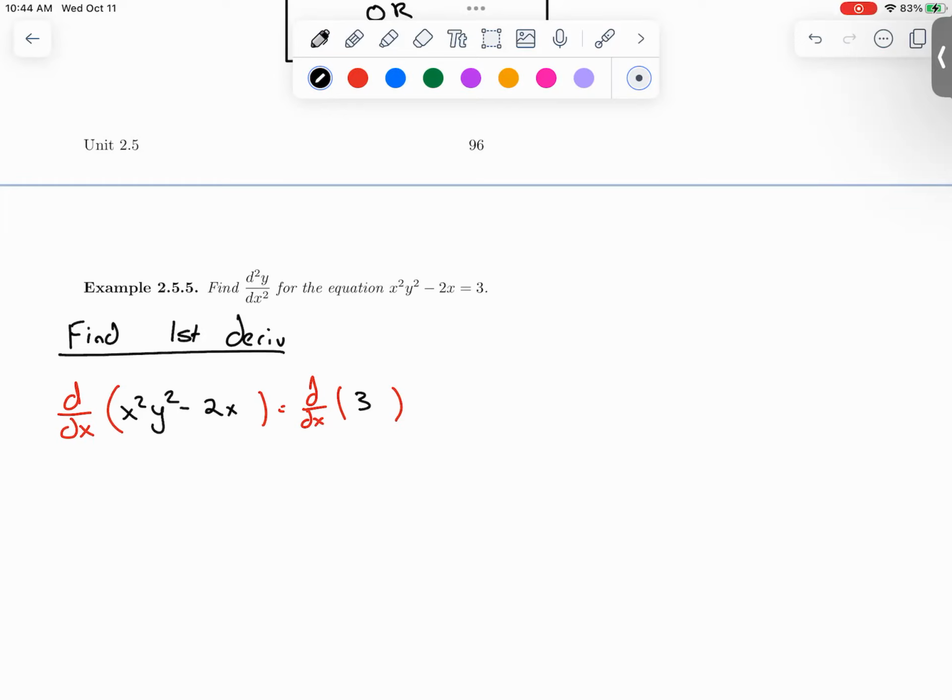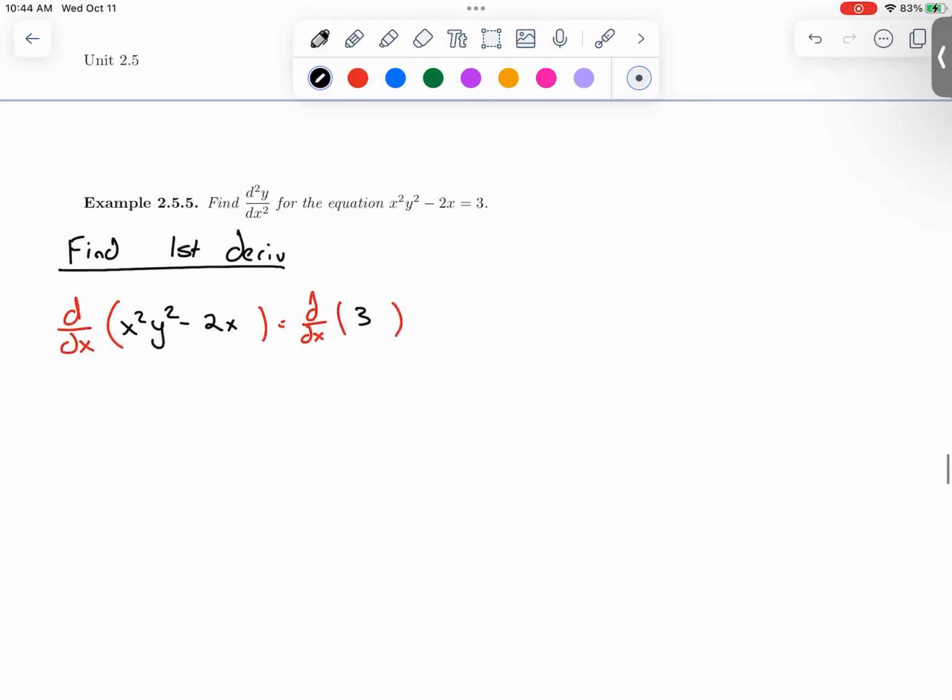A little behind, but that's okay. I can skip over that briefly. All right. So by the product rule, the left-hand side becomes 2xy squared plus x squared times 2y dy dx.